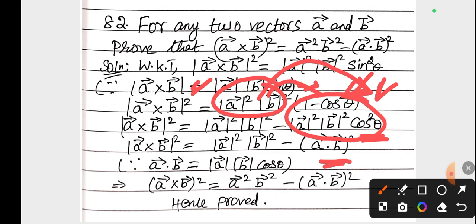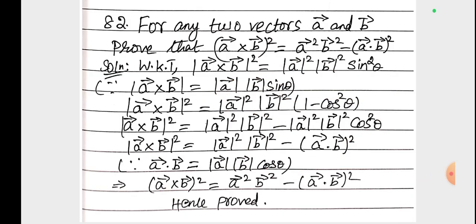After writing 1 minus cos square theta, then multiplying inside. After multiplying inside, apply what? Magnitude of A cross B whole square, A vector cross B vector whole square. Both same. Literally, we got LHS. Then magnitude of A square is nothing but A vector square. Here is B vector square minus A dot B square.